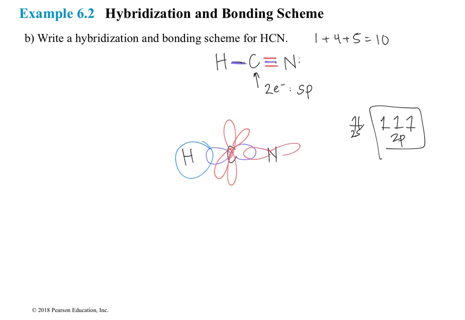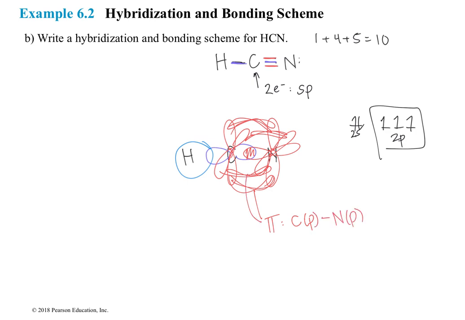The one that's going to be in line with the carbon's sp orbital is going to form a sigma bond. We'll have one going up and down and one going in and out. So we'll have a pi bond along our y-axis and a pi bond along our z-axis. So we have pi bonds between the carbon's p orbital and the nitrogen's p orbital, and we have that twice.